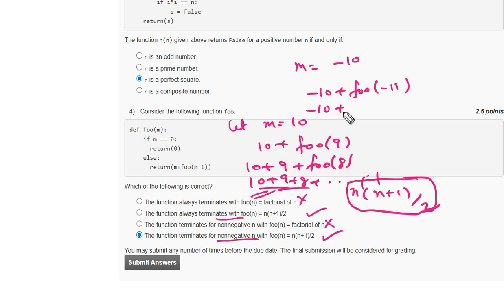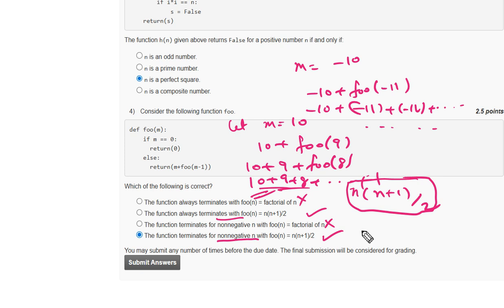So minus 10 plus minus 11 plus minus 12 plus and so on. It will keep on going. It will never reach 0. So that's why the correct answer is the function terminates for non-negative n with foo of n equal to n into n plus 1 by 2.